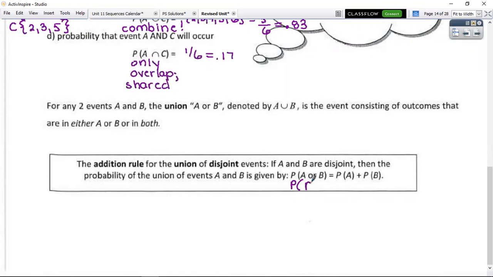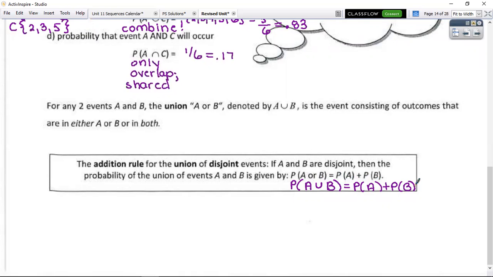So A or B is A union B, and that is equal to the probability of A plus the probability of B. And again, this is going to be for your case that is disjoint and has no shared outcomes.